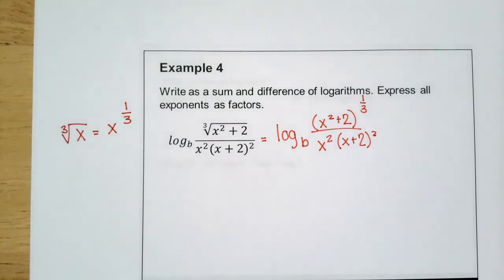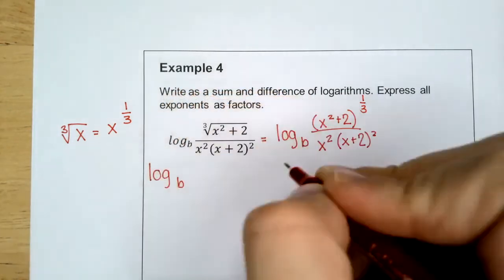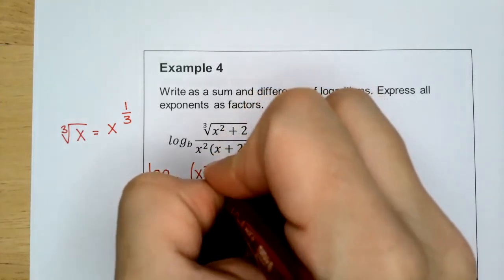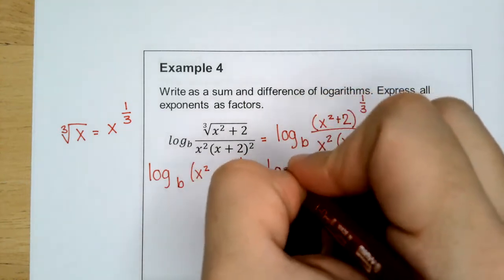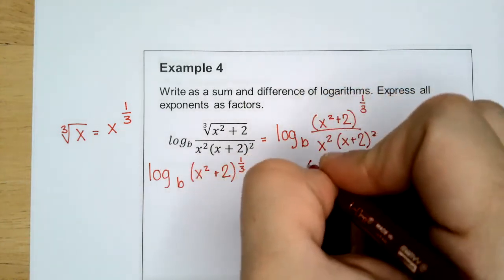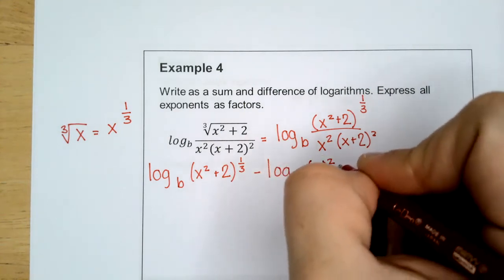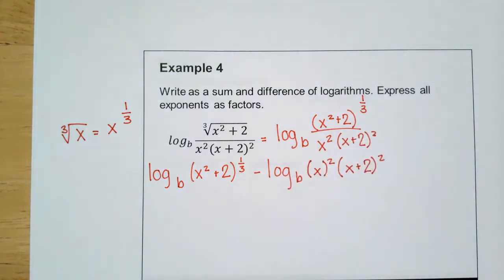Okay. So now I have the log of a fraction. I can change it to a subtraction problem. Okay. So I'll rewrite this as log base b of x squared plus 2 to the 1/3 minus log base b of x squared times x plus 2 squared.